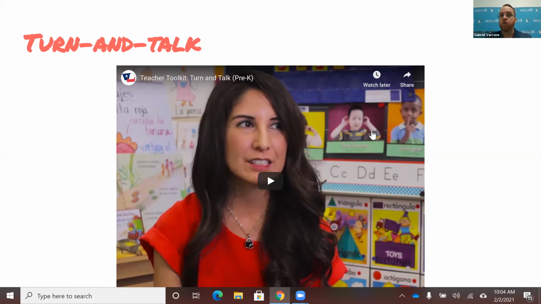Now you can do a debrief, right? But for example, I could say when I went to the breakout rooms, I really liked how Ashley talked about Pete the cat and took the very simple setting of that story, but created a really high leverage sentence stem, which was the setting of Pete the cat was blank.